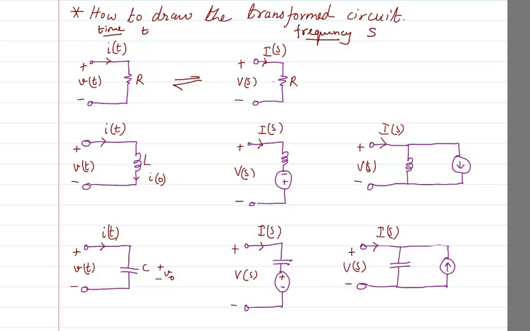Only the voltage becomes a function of S and the current also becomes a function of S. So small v of t gets Laplace transformed to capital V of S, and small i of t gets transformed to capital I of S. Please remember that whenever you are doing Laplace transforms, you have to always write in capitals. So V capital, I capital. The resistance basically undergoes no change.